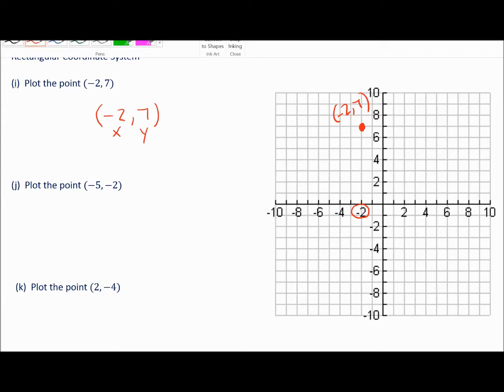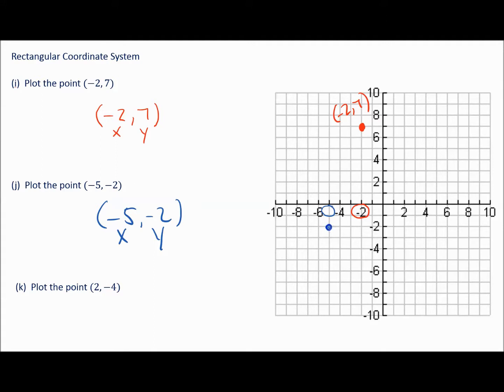Let's do this in a different color too, in blue. Let's look at -5, -2. Now remember, my x is -5, my y is -2. Always in your mind, start at the origin. If x is negative, that means you go to the left first. So I go to the left, -5. It's between -4 and -6, so I'm right here. But then my y is -2, so since it's negative also, I go down.